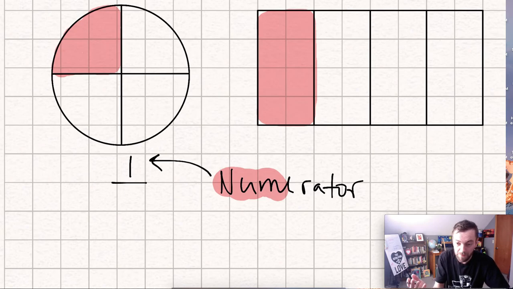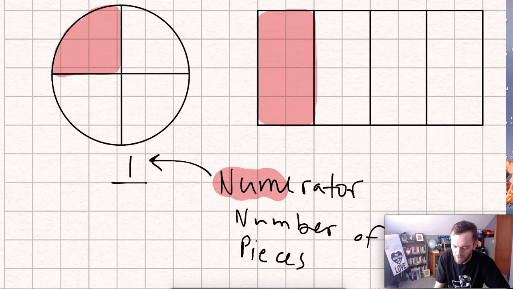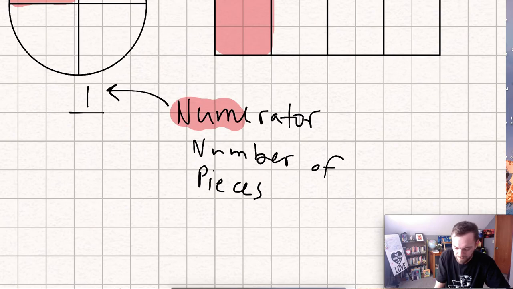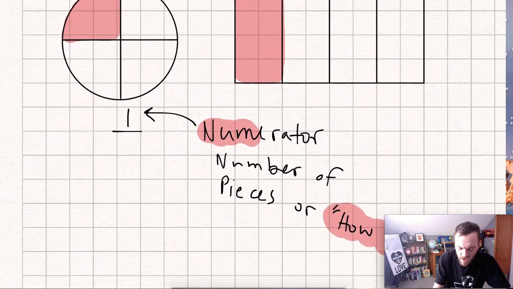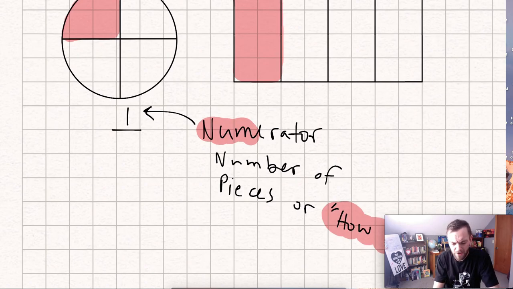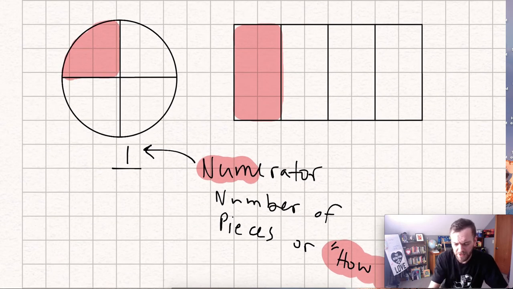And that tells us the number of pieces, or how many. I always refer to how many as being really the important part to remember for the numerator.